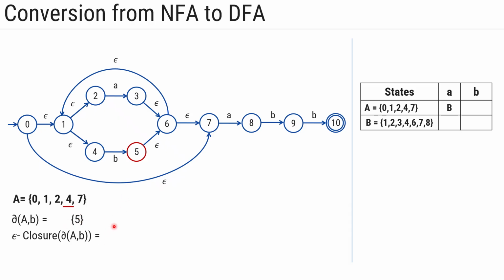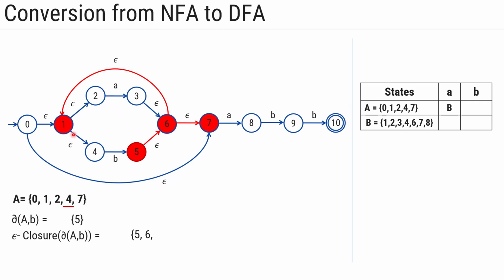From 5 you are able to reach 6, then 7 and also 1. So you can reach 7 without taking input. From 6 to 1 also without taking any input.